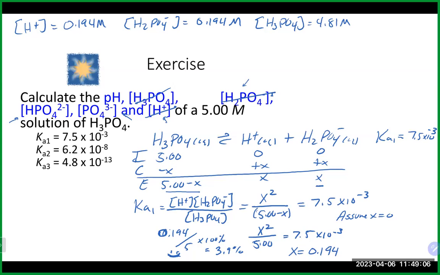So if we look at the second dissociation reaction that's going to occur, we got H2PO4 minus.